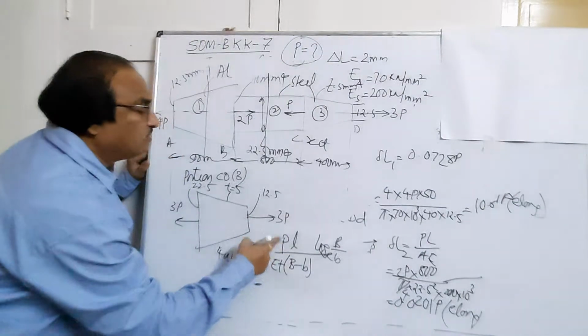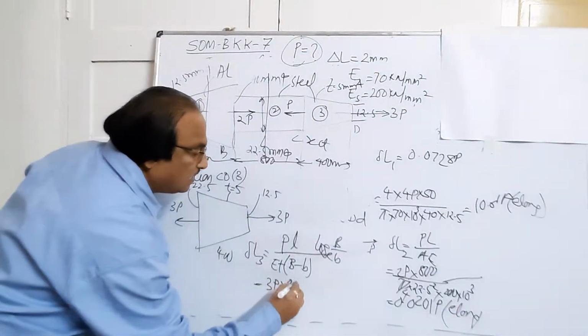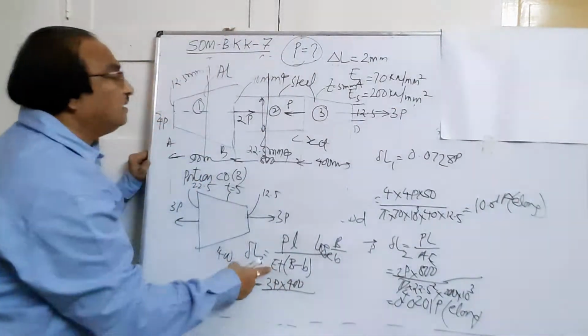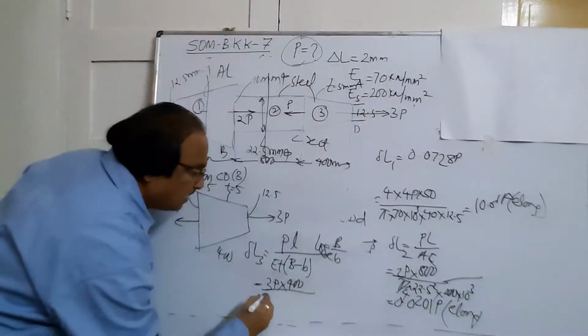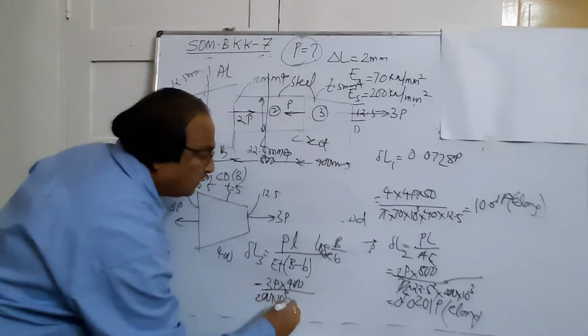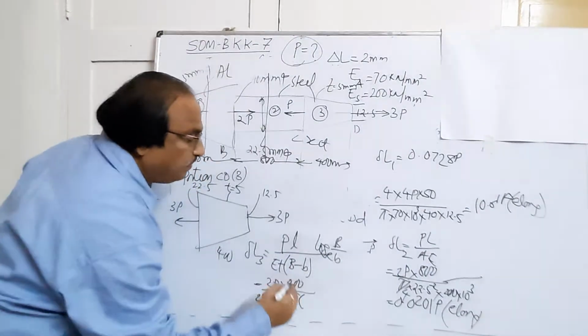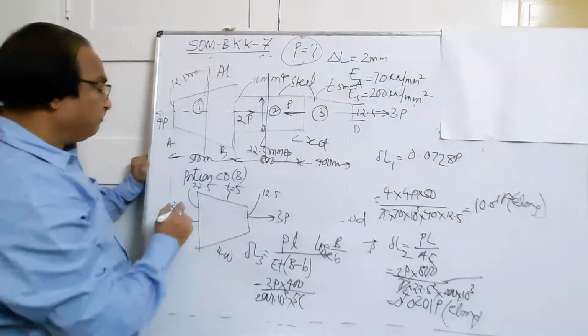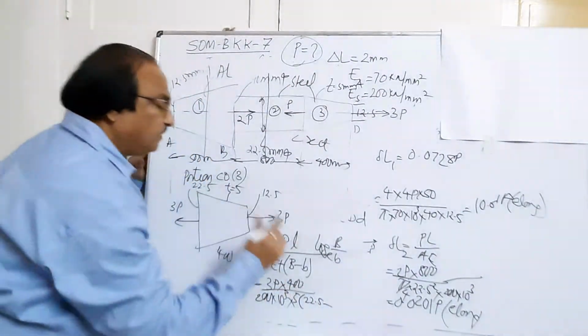So P is here equal to 3P, into length of the member, which is 400. E: it is made up of steel, so Young's modulus for steel is 200 into 10 to the power of 3, into thickness 5 mm, into bigger B, which is 22.5, minus smaller b, which is 12.5.